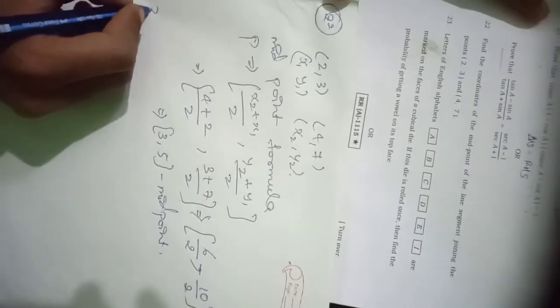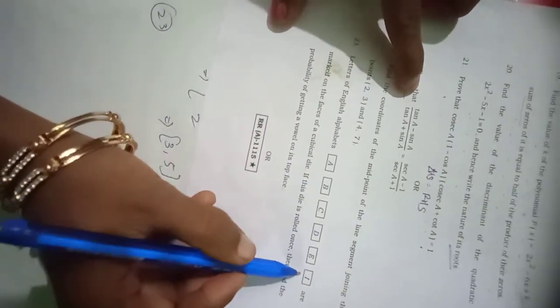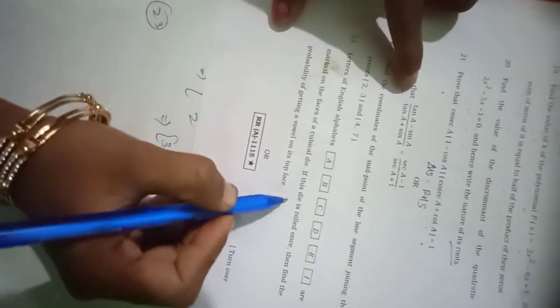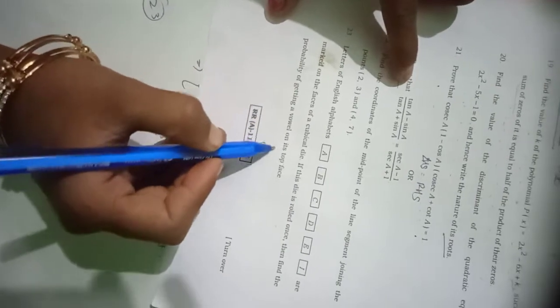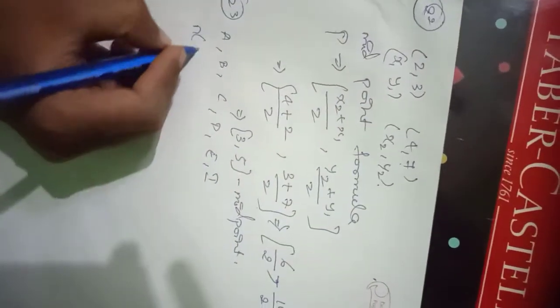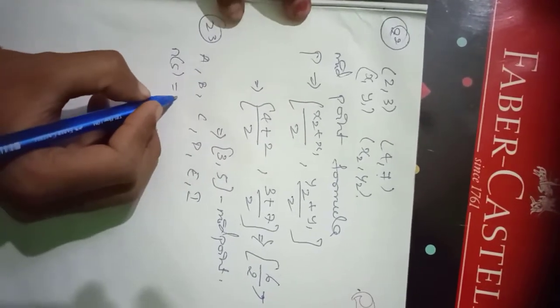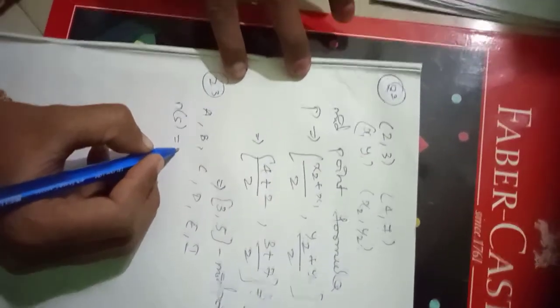Next we have 23. The letters of the English alphabet A, B, C, D, E, I are marked on the faces of a cubical die. If this die is rolled once, find the probability of getting a vowel on its top. This is probability. We have A, B, C, D, E, I. This is called n of S, the number of events.